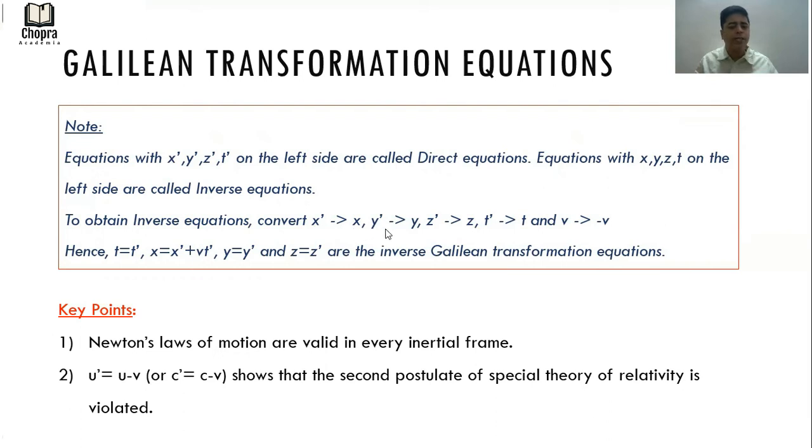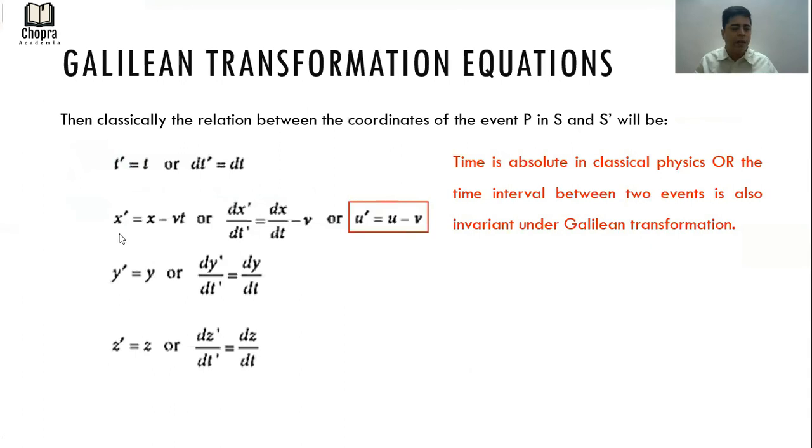So in the previous slide, you have x dash equal to x minus vt. These are the direct equations I have obtained. If I need inverse equations, I will have to change primed to unprimed. So on the left hand side it becomes x, the right hand side it becomes x dash, and t becomes t dash, but v becomes minus v.